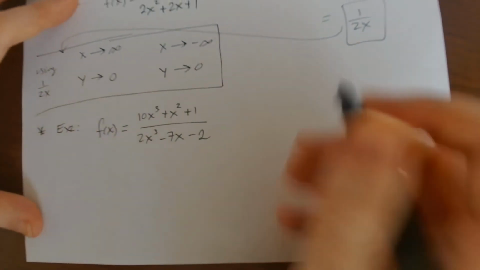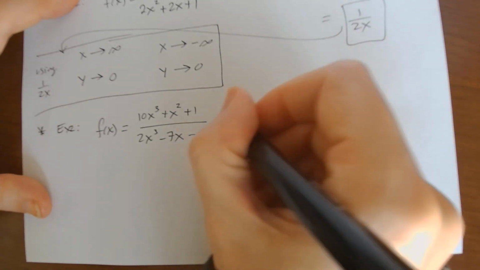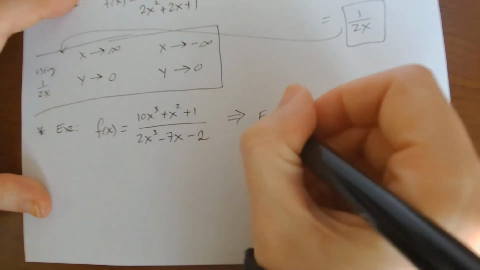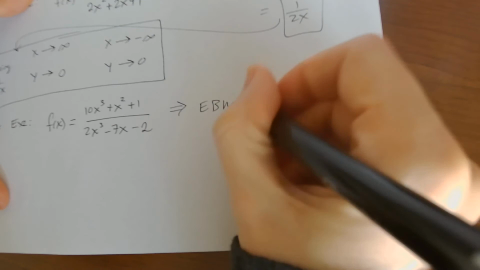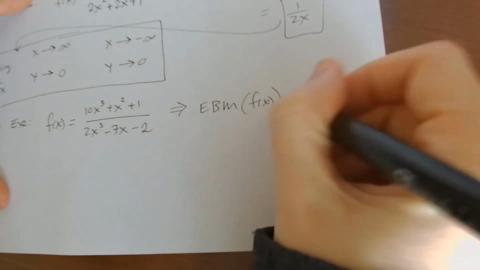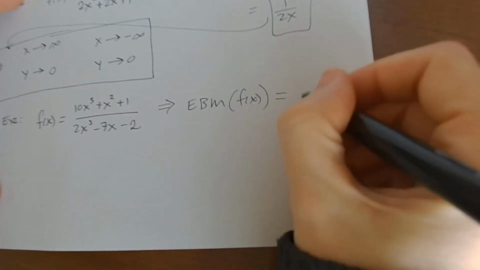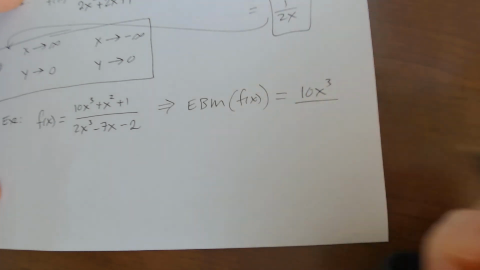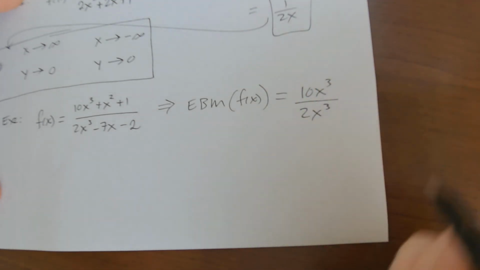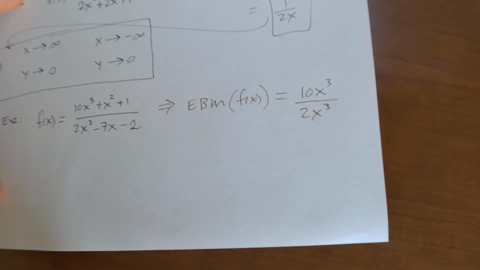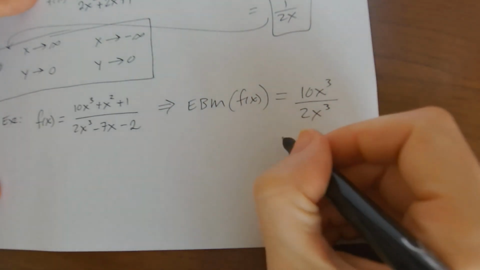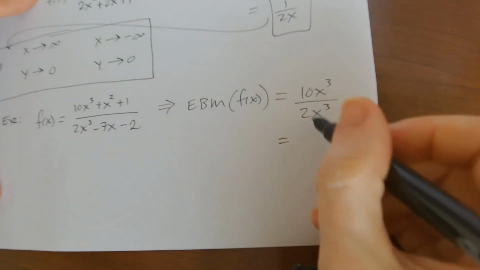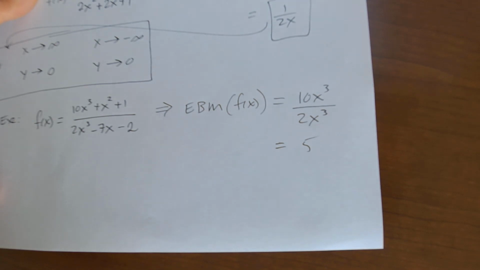All right, let's do this one. The end behavior model of this function: the leading term on the top is 10x to the third. The leading term on the bottom is 2x to the cubed. Leading term doesn't mean first, it means highest power. It doesn't always come first. And then we just end up with 5 here.